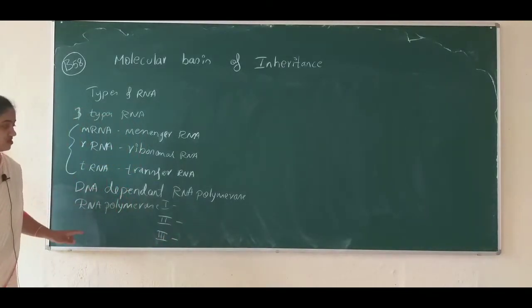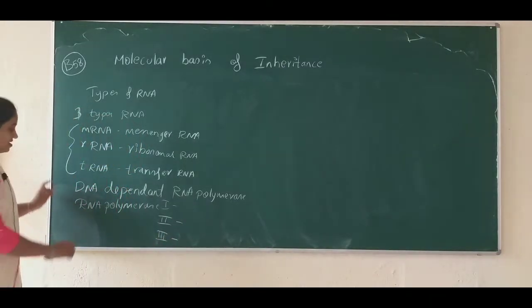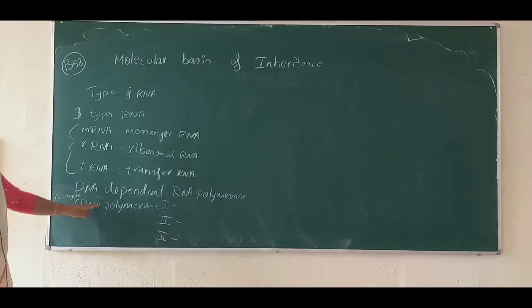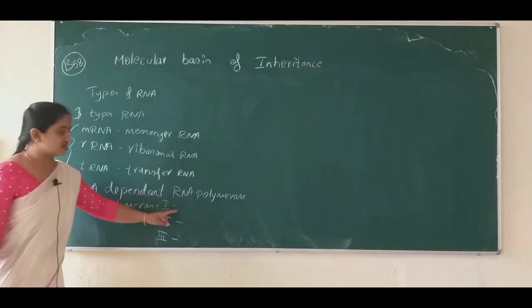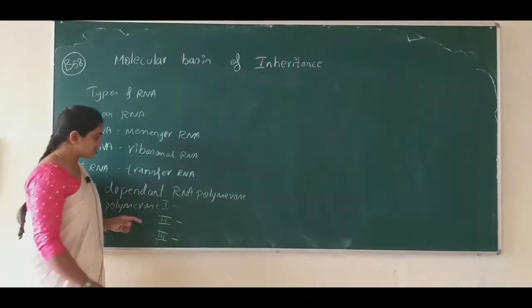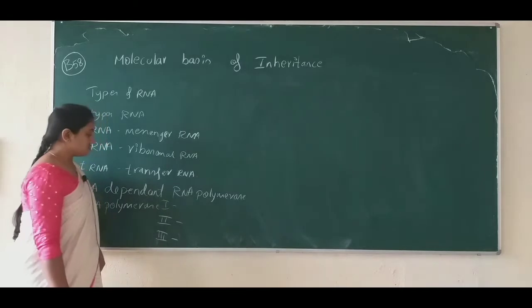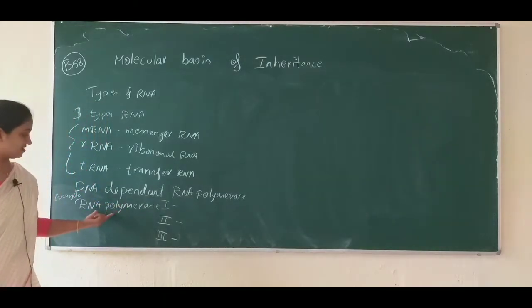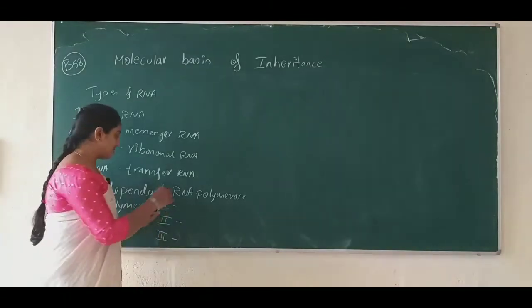In eukaryotes, there are three types of RNA polymerase which transcribe different RNAs. I am going to write those RNAs in front of each enzyme.